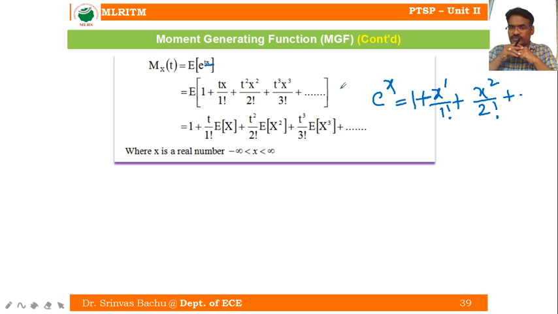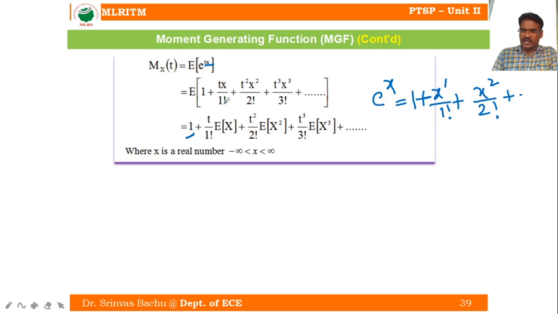Are you able to follow? Now here t squared x squared, t cubed x cubed, t to the power 4 x to the power 4, and so on. Now apply expectation. Expectation is applicable only to the random variable. The expectation of a constant k is always k, like the expectation of 1 is 1.